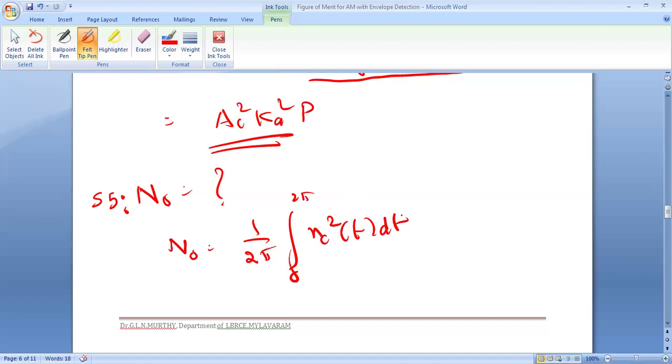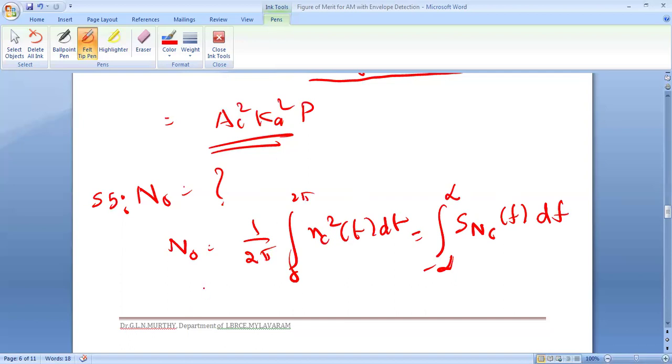This is the expression for average power in the time domain. But do you have any expression for NC of t? No. So what is the equivalent? It is the area under the power spectral density of the in-phase noise component, SNC of F.